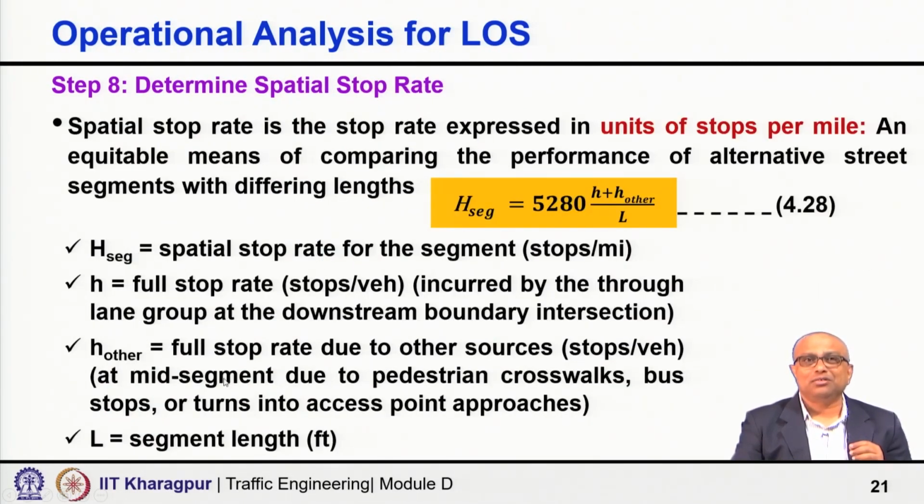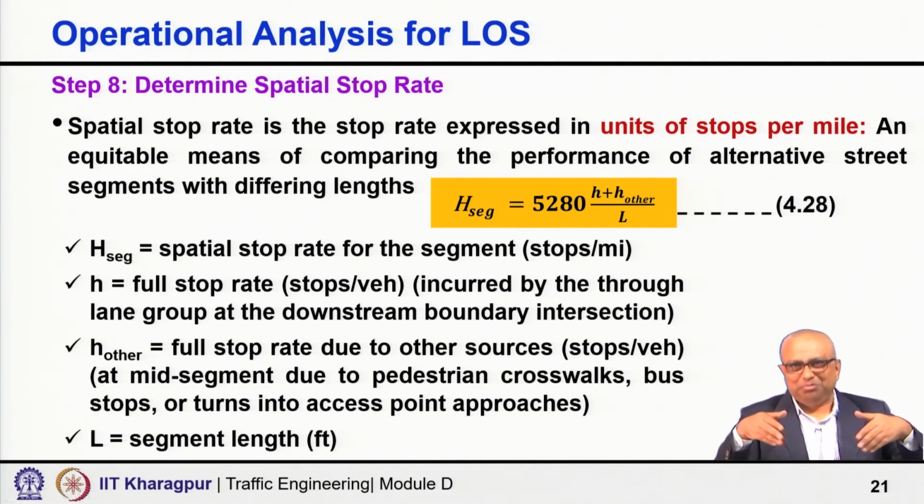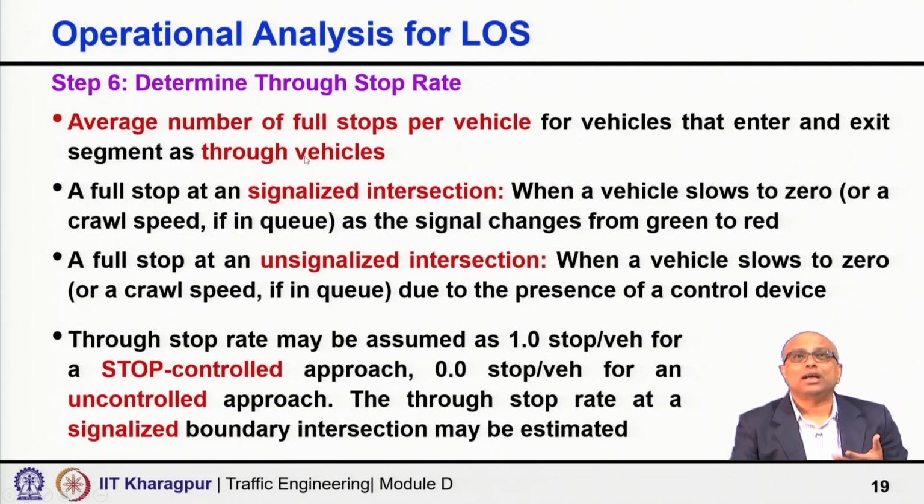And H other, what could be other? Say at mid segment due to pedestrian crosswalk, due to bus stop, due to turns into access approach. There could be entry and exit in the mid segment also, right. So, there could be additional stops which you have not considered while calculating this part, because this is basically only at the signal.